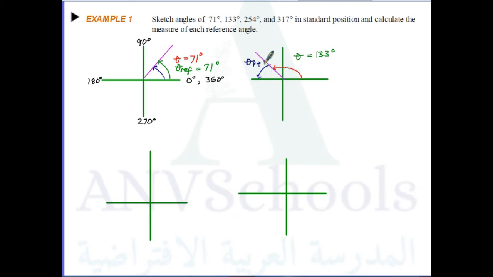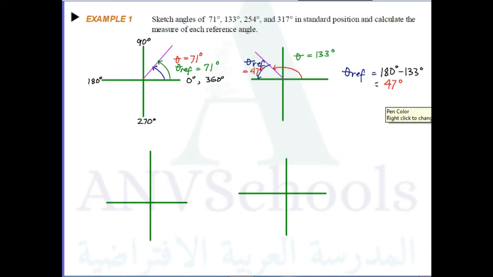And our theta ref here would be equal to 180 degrees minus 133 degrees, which is 47 degrees. So this theta ref is equal to 47 degrees.